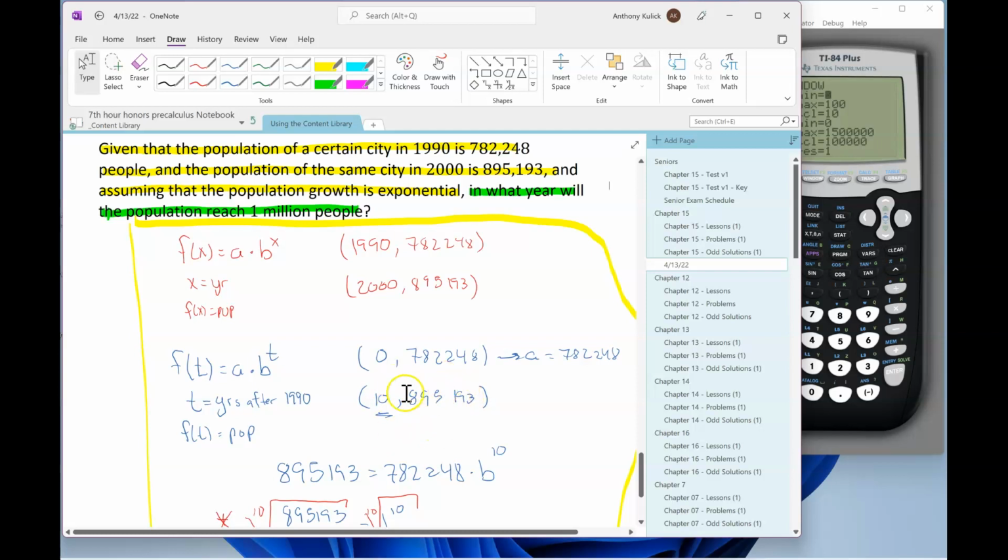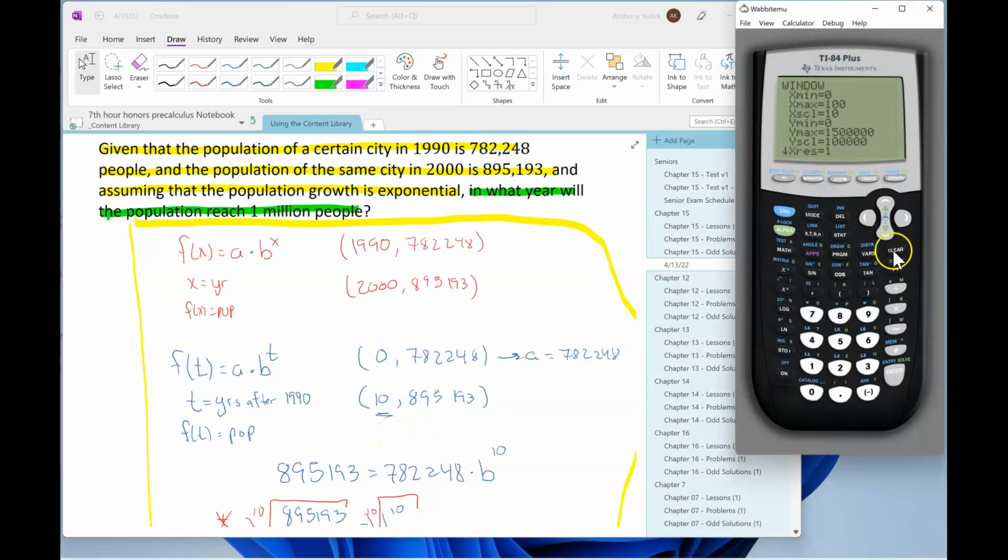So I'm guessing that my answer is going to be somewhere around 20, but I'm always going to overestimate because as long as I can see the intersection, I'm good. If I can't see the intersection, I'm going to have to go back and change my window again. I'd rather overestimate than underestimate there. Is everybody okay with that?